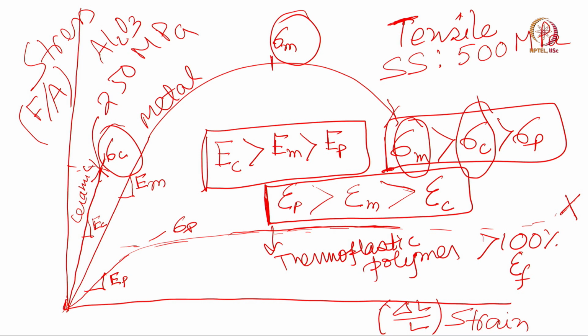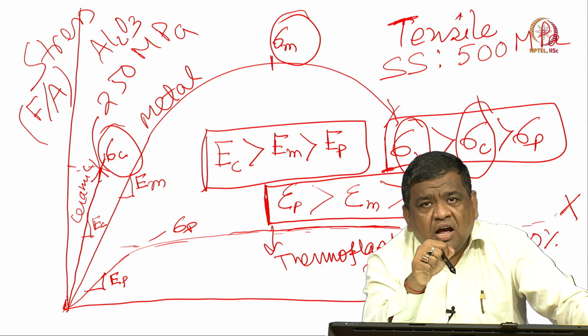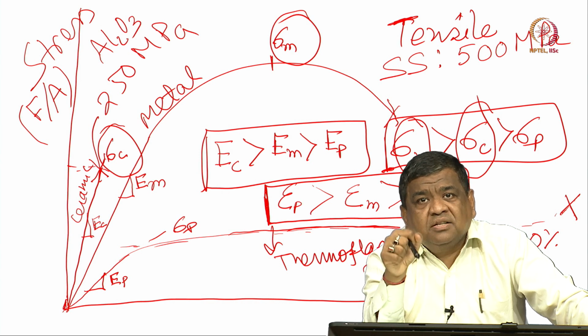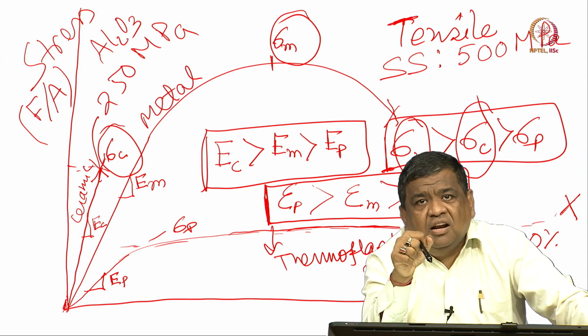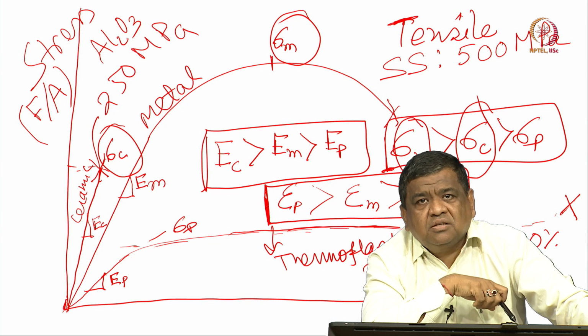Now, as I said, the compression strength of ceramics is 8 times higher than that of the tensile strength. What it means, for polycrystalline alumina, compression strength is around 2 gigapascal, 2000 megapascal, while the tensile strength can be as low as 250 megapascal.